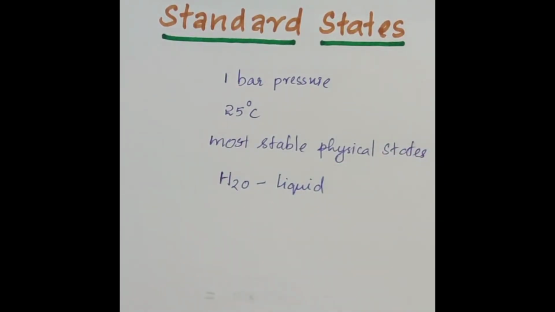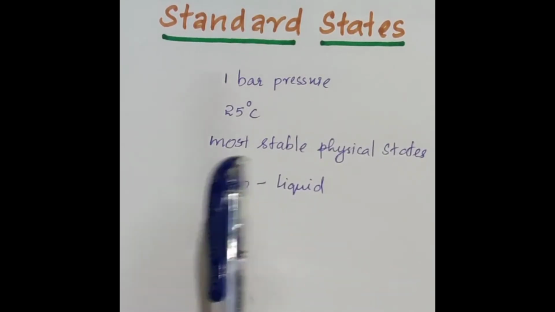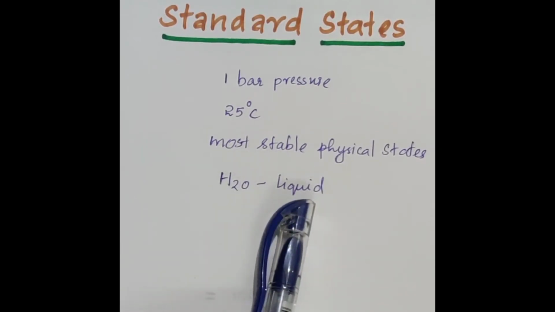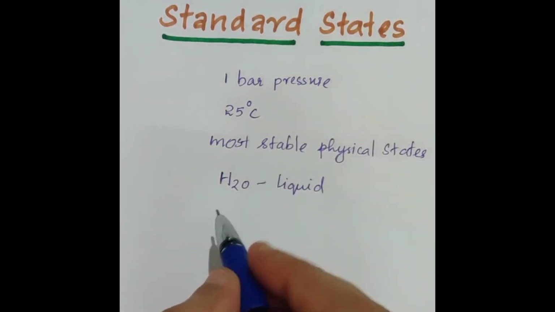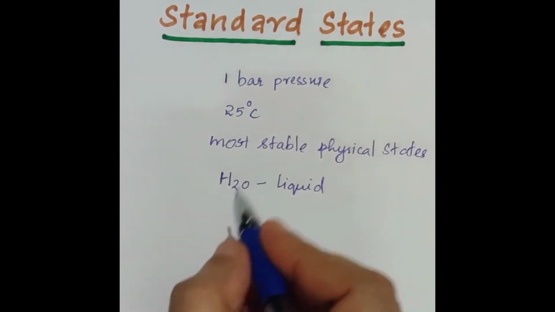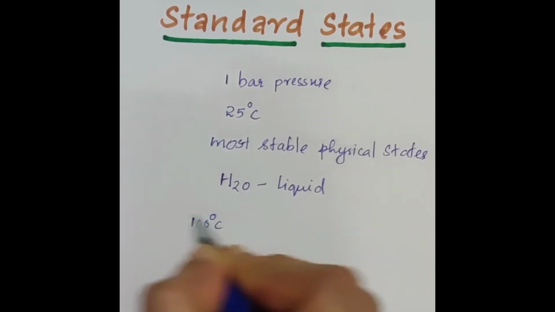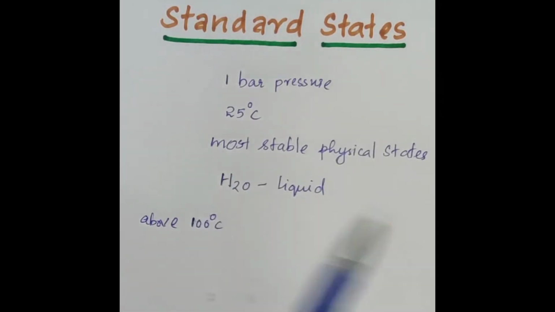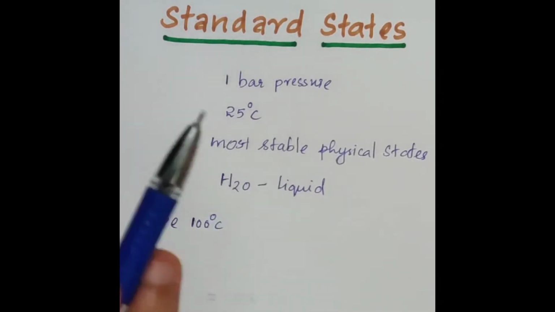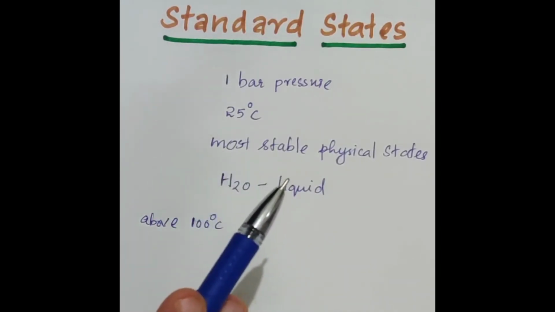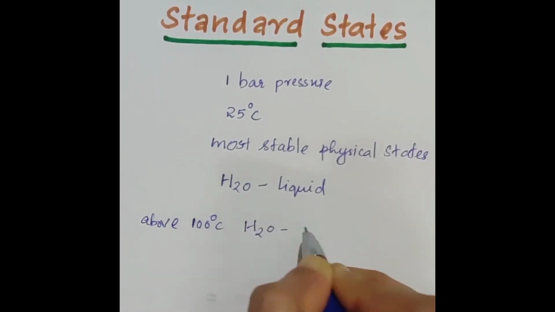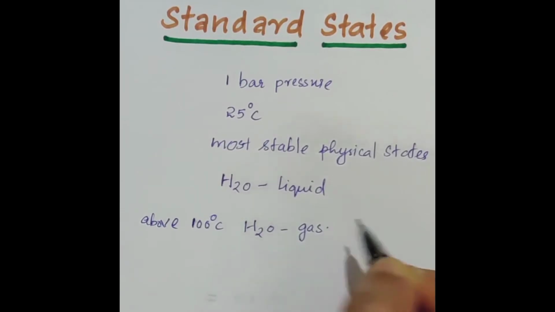Whereas at a temperature above 100 degrees Celsius, the physical form of H2O is the gaseous state; water exists in gas form.